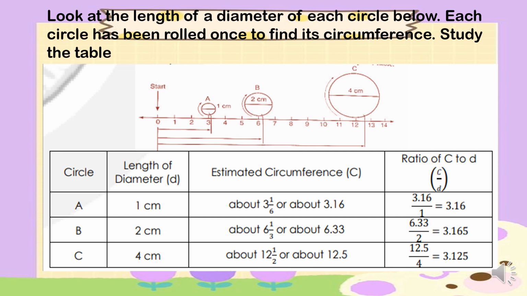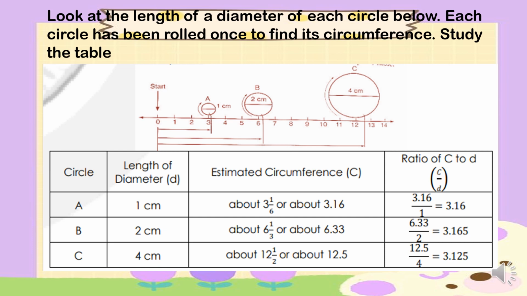While the ratio, we have 3.16 over 1 equals 3.16. For circle B, we have 2 centimeters. The estimated circumference is about 6 1/3 or about 6.33 centimeters. And the ratio of C to D is 6.33 over 2 equals 3.165.